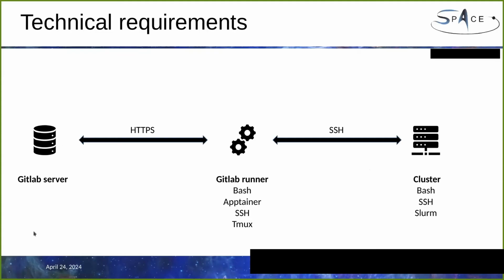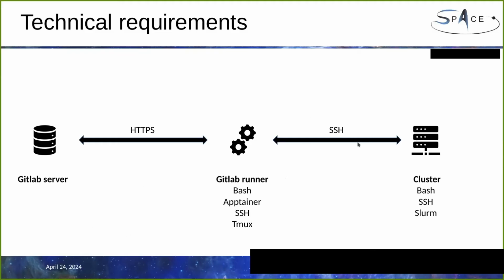You can have your GitLab server somewhere, your runner on, let's say, a local machine, and a connection to a cluster. So it can be 3 separate machines, but you need at least a connection from the GitLab server to the runner, which I think requires HTTPS. And then you need an SSH connection to the cluster, and you can make it work with a little bit of effort. You can set it up almost anywhere.